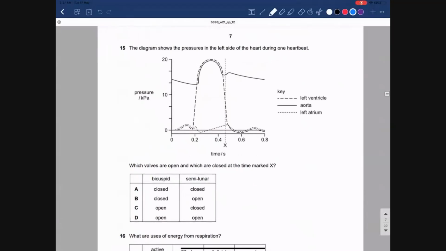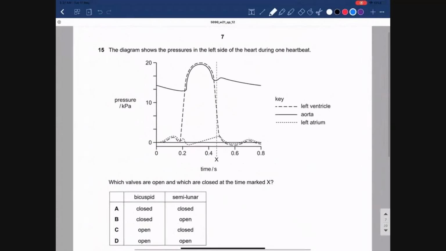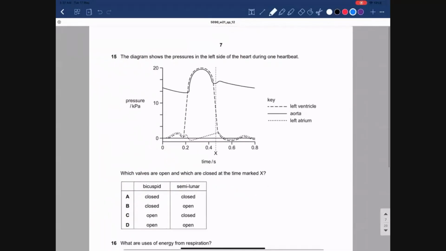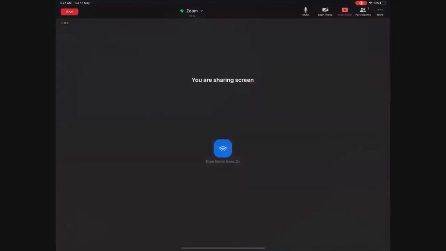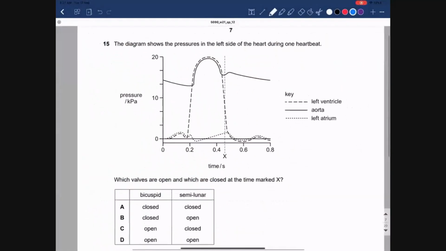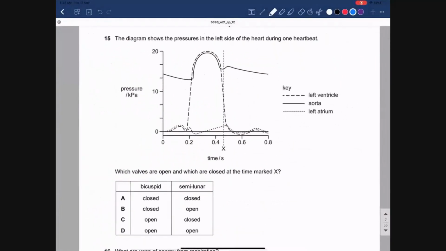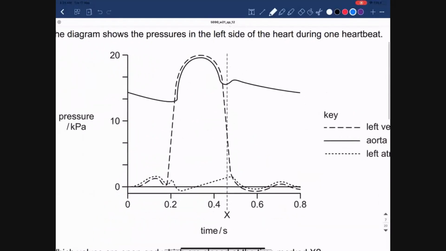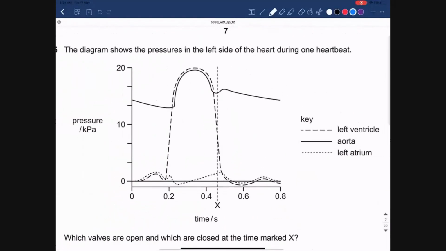MCQ number 15. The diagram shows the pressures in the left side of the heart during one heartbeat. So guys, this graph is showing the pressure changes that occur on the left side of the heart.